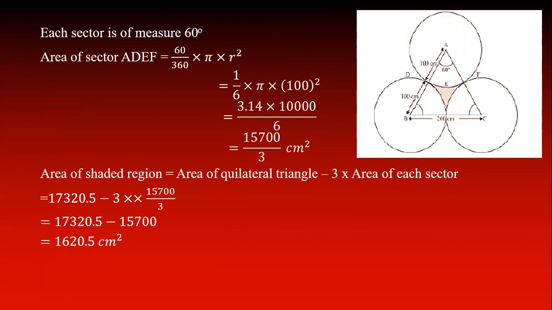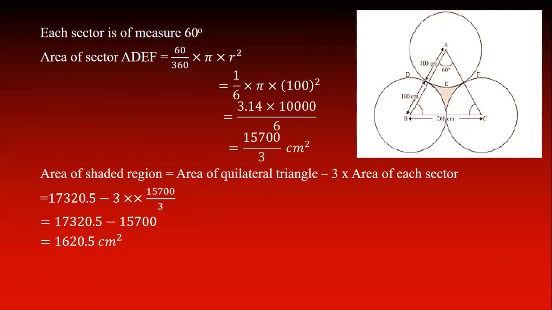Each sector is of measure 60° because it's an equilateral triangle. Now area of the sector ADEF will be theta by 360 into pi r square. Substituting theta as 60, r as 100, we get 15700 by 3 centimeter square. Now area of the shaded region is area of the triangle minus 3 times area of each sector.